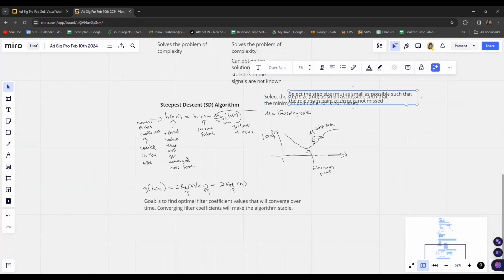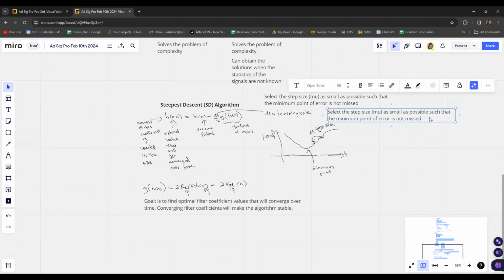Also, this value should be sufficiently large, such that the algorithm quickly converges.